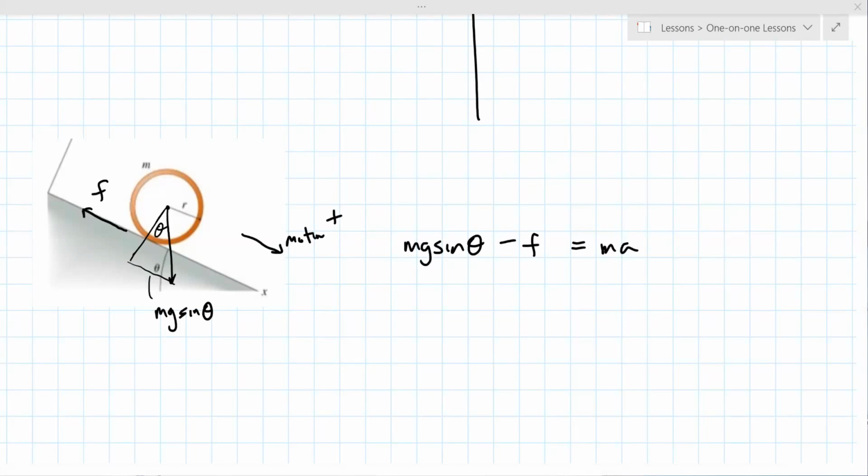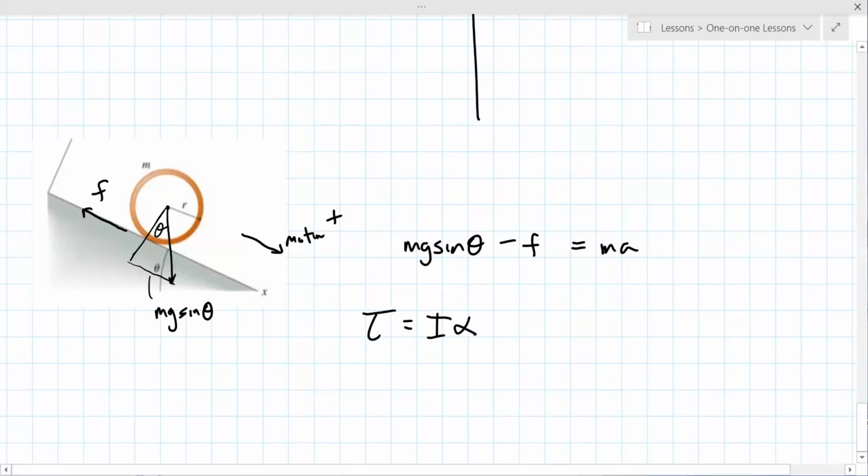Okay. Now they tell you that the torque is only due to friction. I guess you're studying torque now, and they tell you that the torque is I times alpha. Maybe you saw that in class.